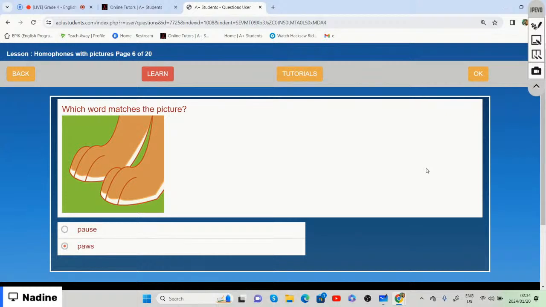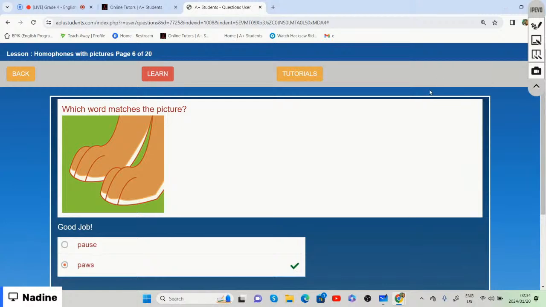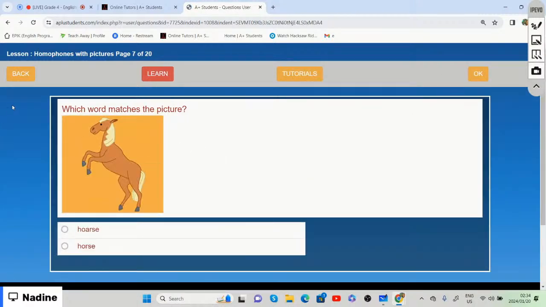All right. So paws is correct. So well done. All right. It also says which word matches the picture, horse or hoarse.